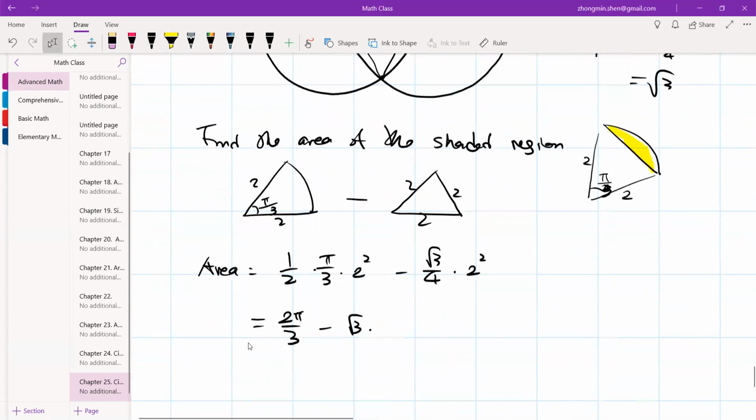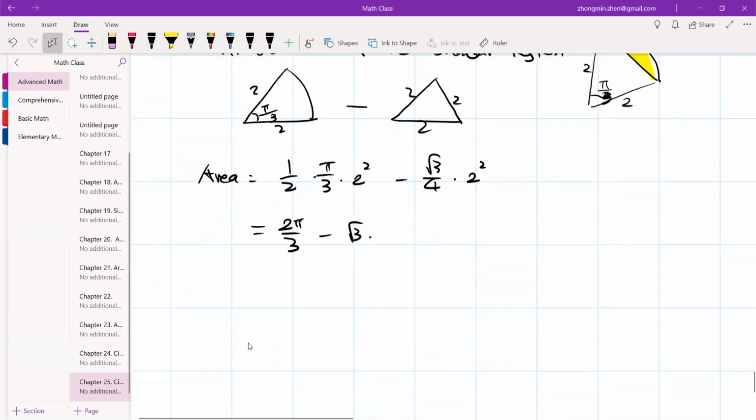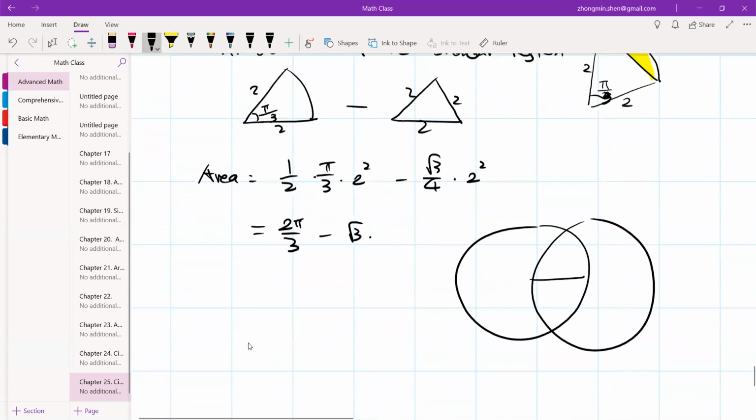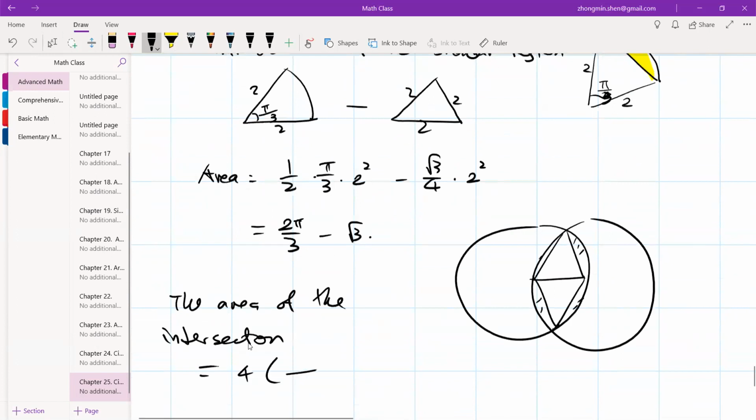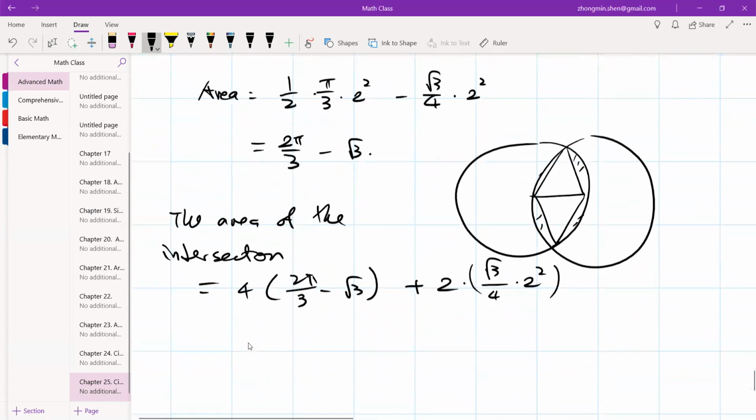So if you find that, then you can see that the area of this intersection is going to be how many pieces? 4 pieces of that, right? 4 times 2 pi over 3 minus square root of 3, and then plus twice the area of these 2 equilateral triangles.